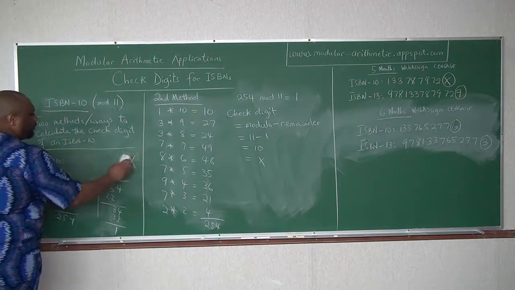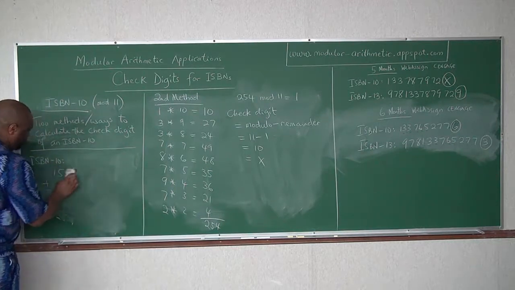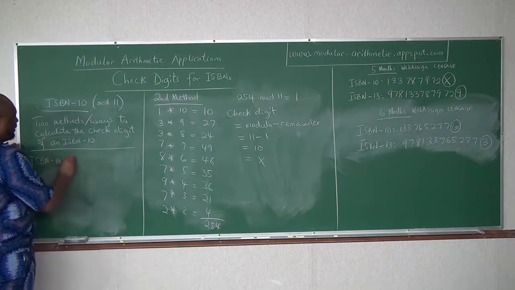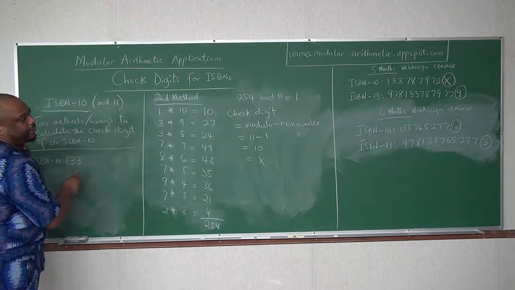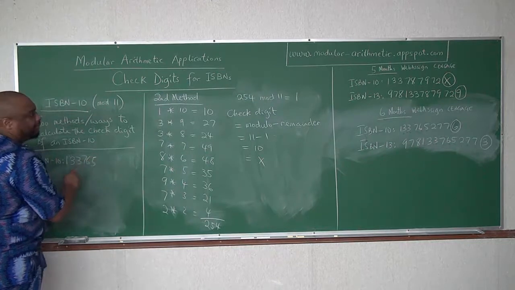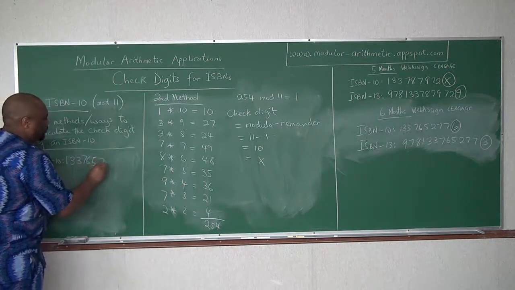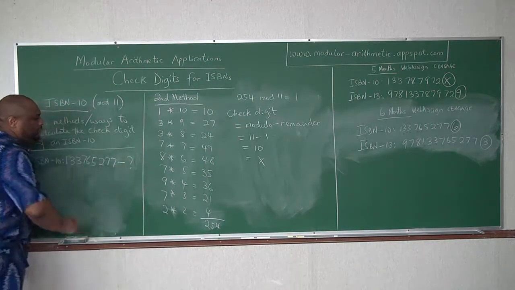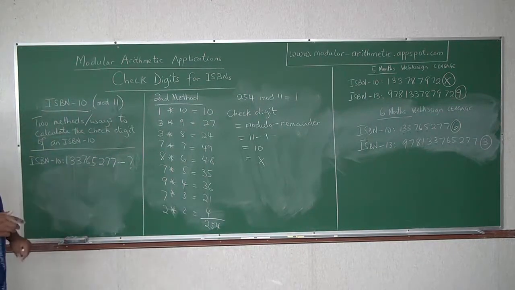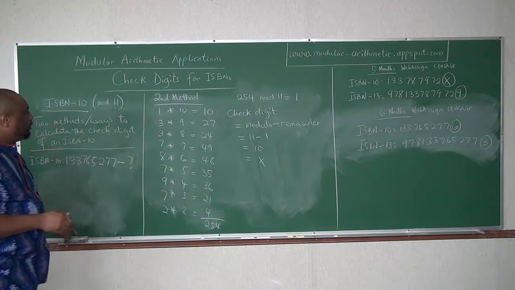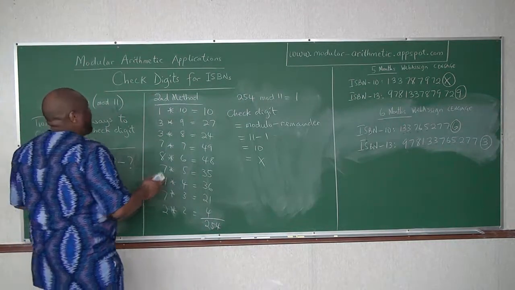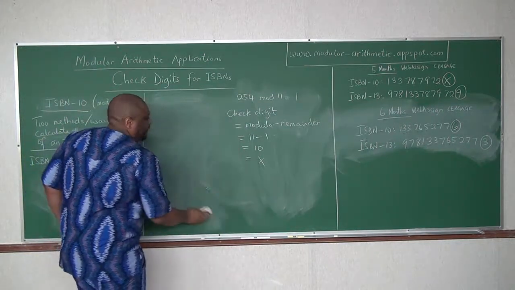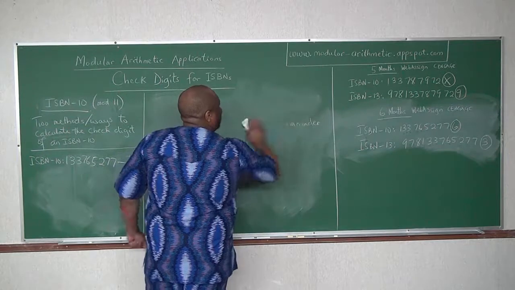So this second one is 133,765,277, and we don't know the check digit, so let's put that. And let's use both methods. Then we can now go to ISBN-13.